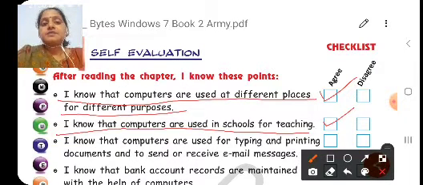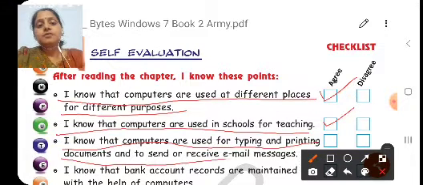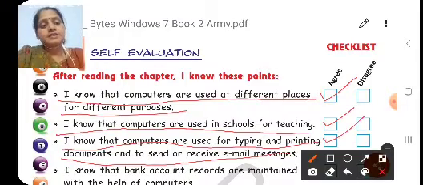And then in offices we also use the computer to send or receive email messages. तो वहाँ पे offices में बहुत सारे जगहों से हम लिंक्ड होते हैं, बहुत सारी जगहों से हम काम करते हैं. तो हर जगह से हमें अगर कम्युनिकेट करना है तो हम ईमेल के थ्रू ही कम्युनिकेट करते हैं. So for that children we send messages and also we receive messages. So in offices the computers are used for typing, printing documents and to send or receive messages. So we agree with this point also.